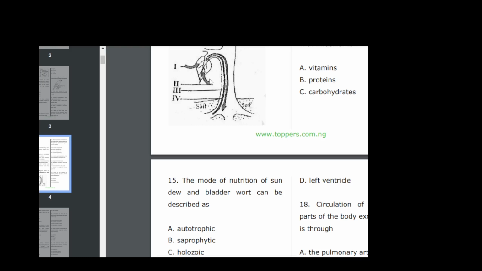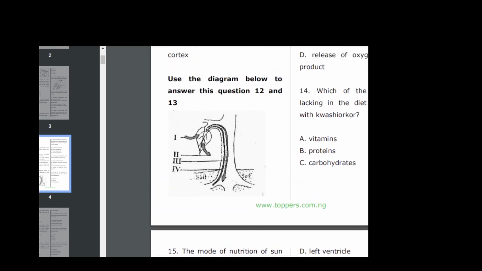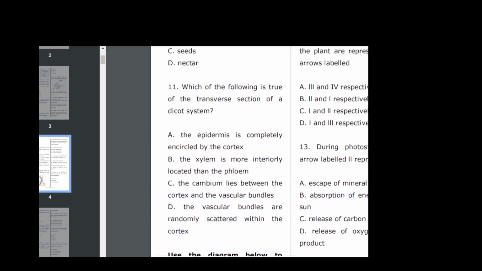It is going out into the atmosphere, so that is producing oxygen. The plant is giving out oxygen because it is using carbon dioxide. Carbon dioxide from the air is being used by the plant, and then it is releasing oxygen. So I think that is production of oxygen.